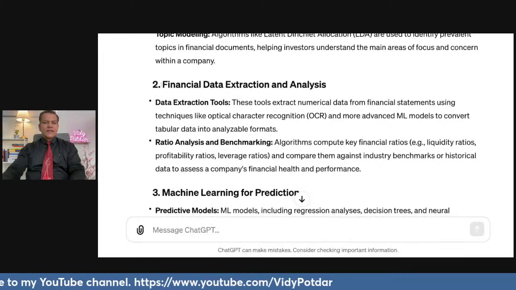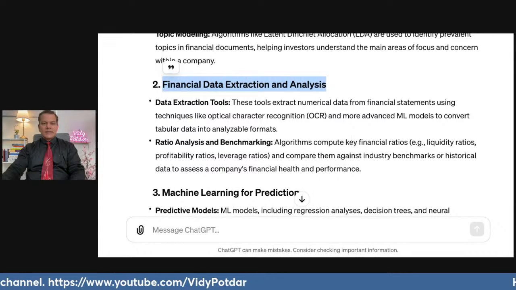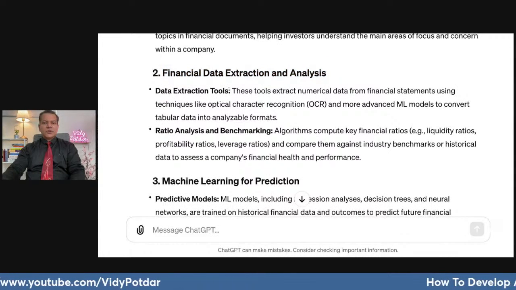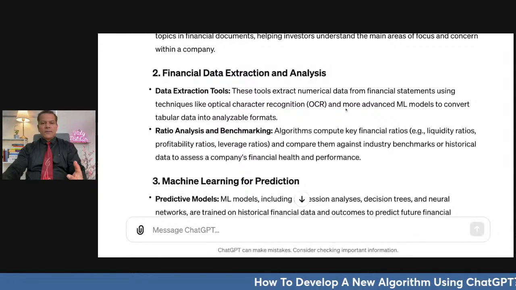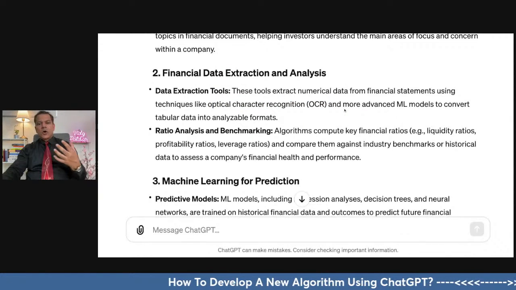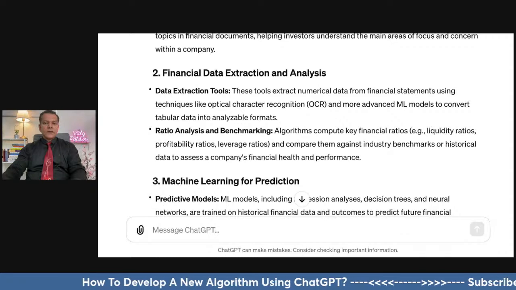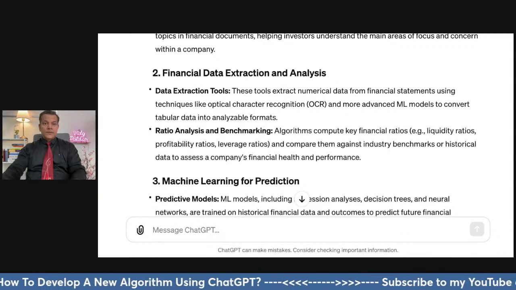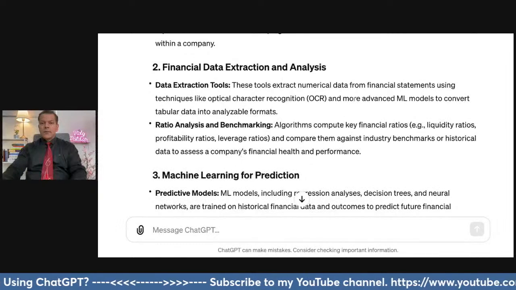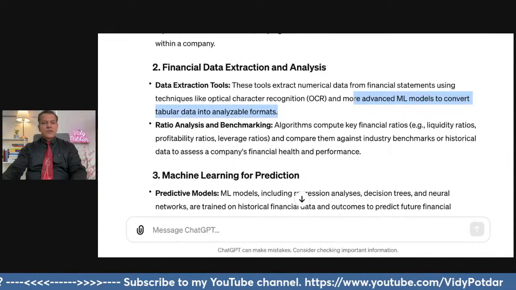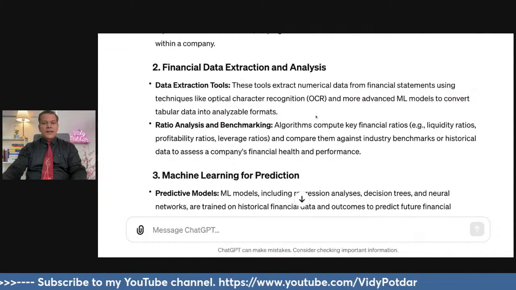Next is financial data extraction and analysis. So data extraction tools, OCR, which is optical character recognition, will help to get that content from the PDF document or the report, right? Or more advanced models could be used to convert tabular data into analyzable formats.